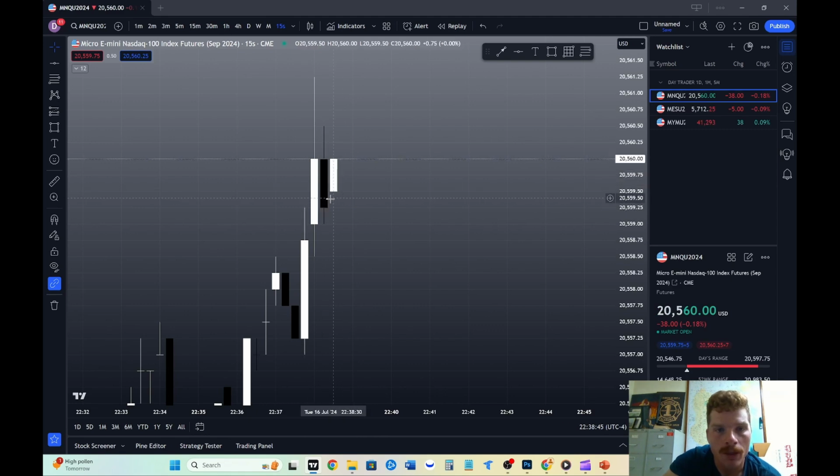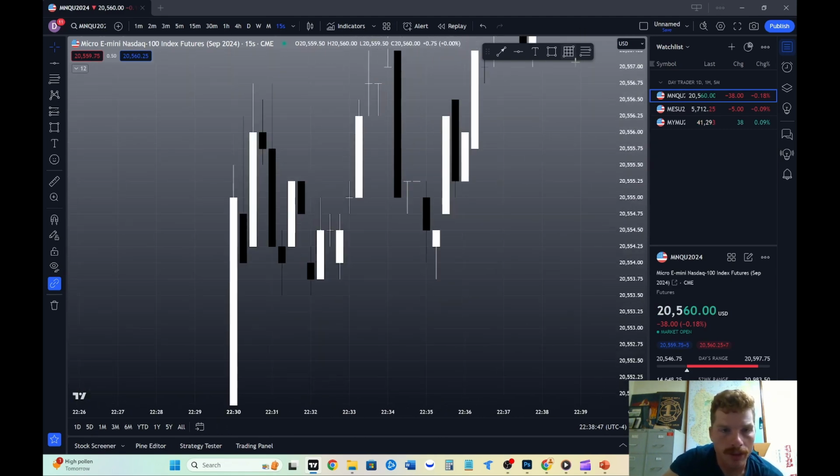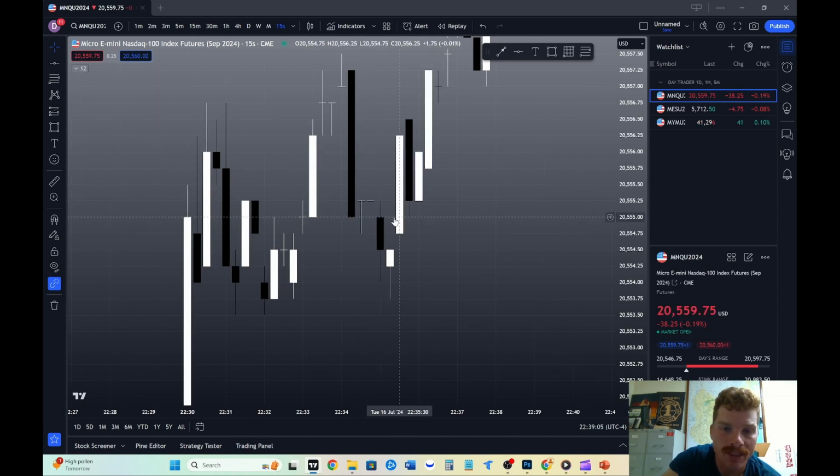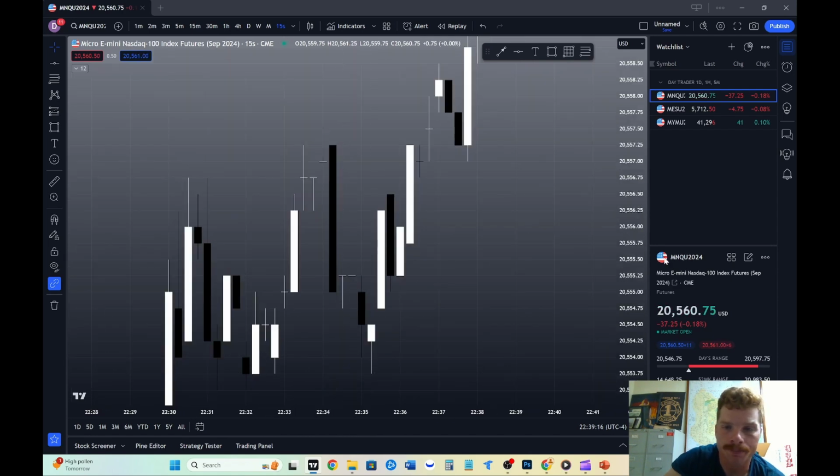So another one right here, market opened at the top of the candle, increased to a certain price, dropped to a certain price, and closed at a certain price. So on a bearish candle, a down close candle, price opens at the top of the body and closes at the bottom of the body. On a bullish uptrend candle, market opens at the bottom of the body and closes at the top of the body.